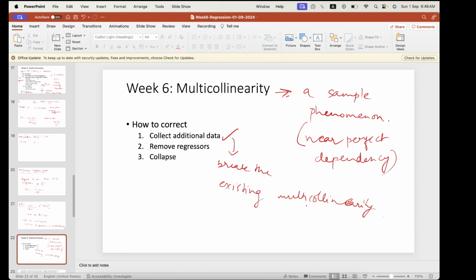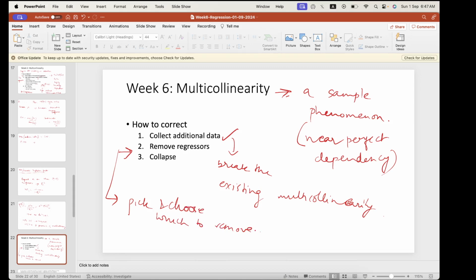All right, the next thing is very simple: whichever is creating issues, just remove them. So removing regressors is another option. If we want to remove them, then we have to pick and choose which to remove, so we use our own judgment and discretion.